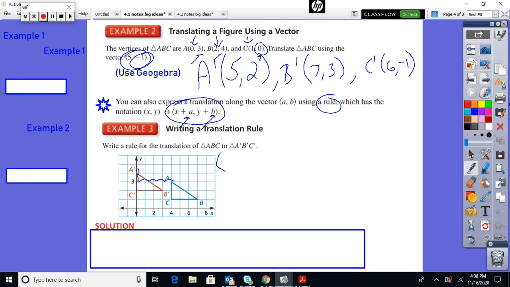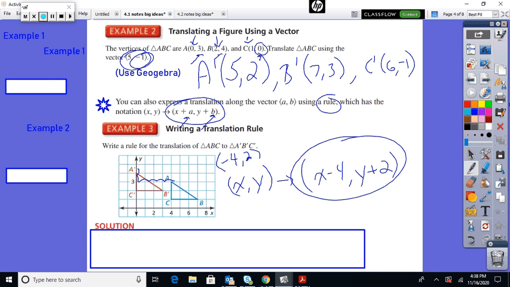So in vector form, 4 to the left and up 2 looks like that. But now as a rule, we want to say x, y maps to x minus 4, y plus 2. All right, that's simple. So this and this mean the same thing, it's just in a different form.